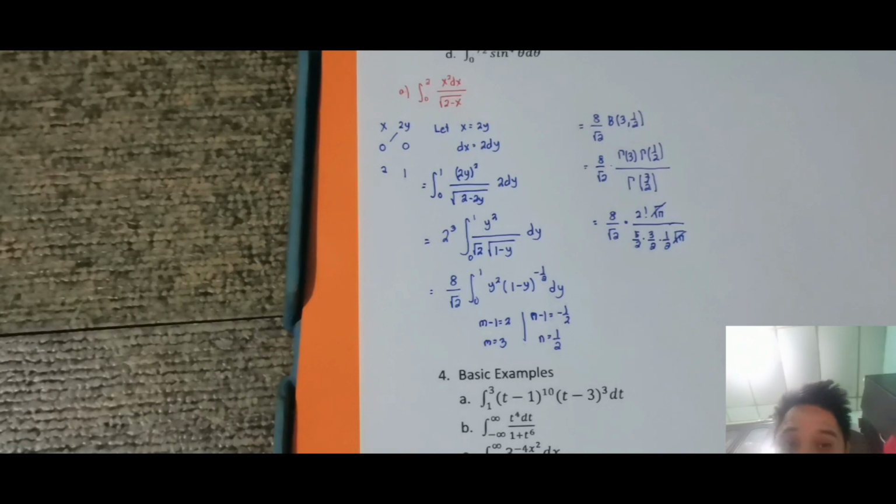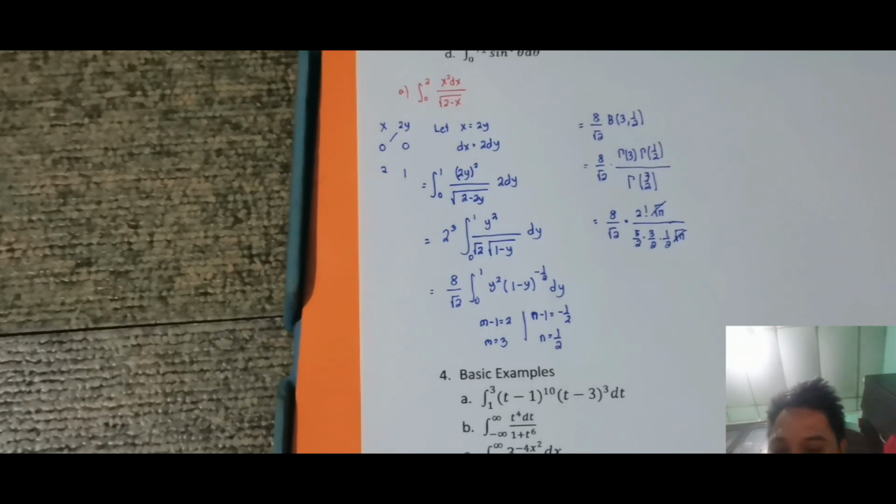So this is 8 times 2 factorial over square root of 2, square root of 2 times 5 over 2 times 3 over 2 times 1 over 2.